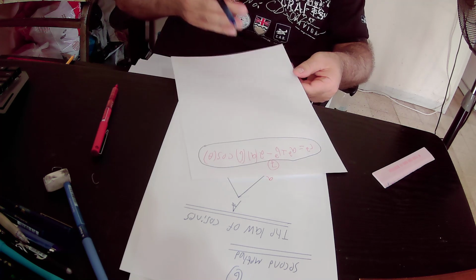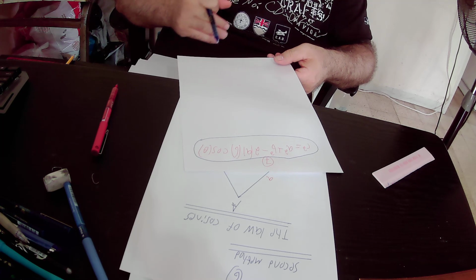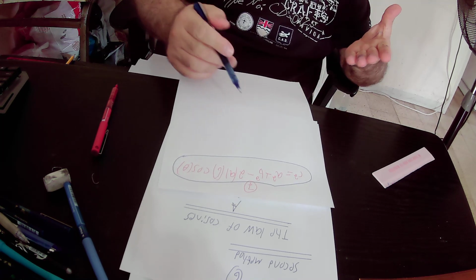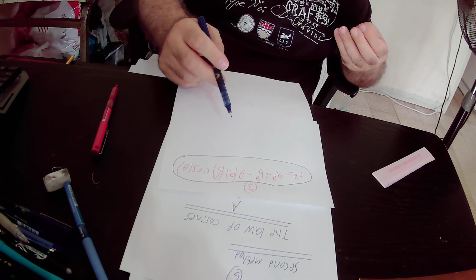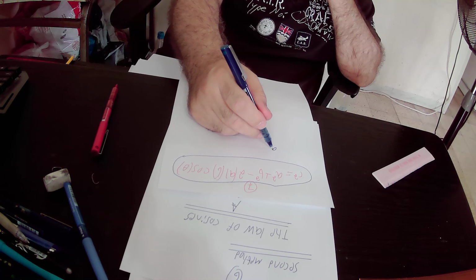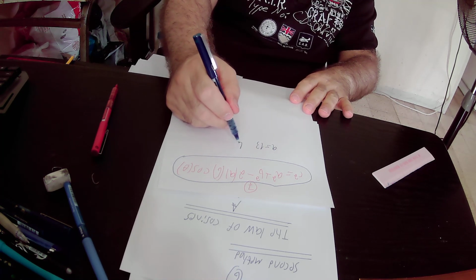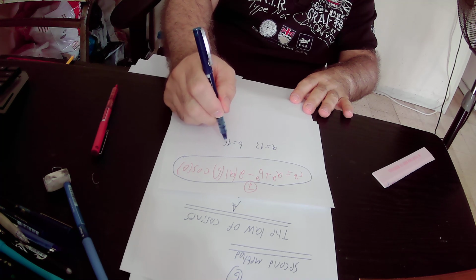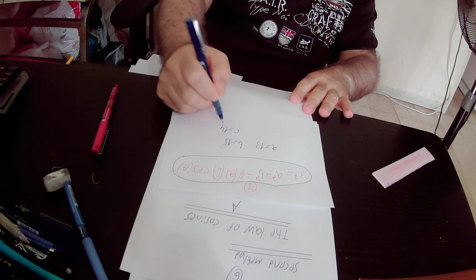We can implement the law of cosines in our triangle because we know the sizes of the sides of triangle ABC. We know that A equals 13 units, B equals 15 units, and C equals 14 units.